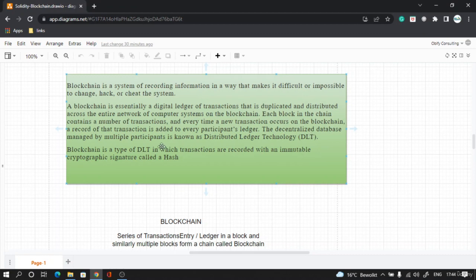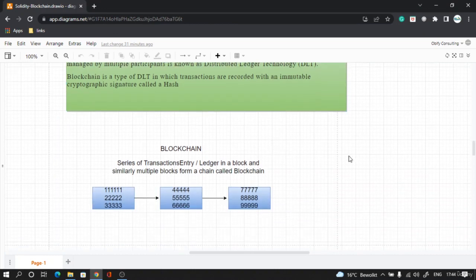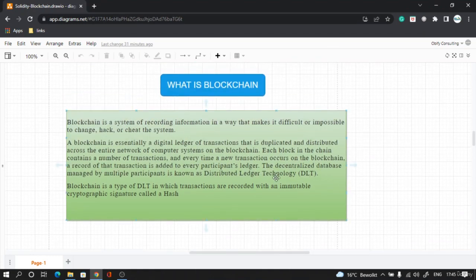The decentralized database managed by multiple participants is known as distributed ledger technology. So the decentralized database, which in our example means the network of 10 people each holding a local copy of the diary where you were writing the transactions, that distributed network itself is called a DLT, distributed ledger technology.